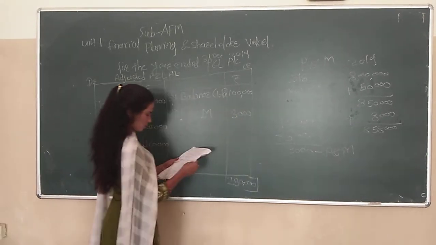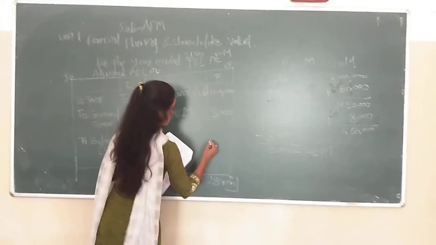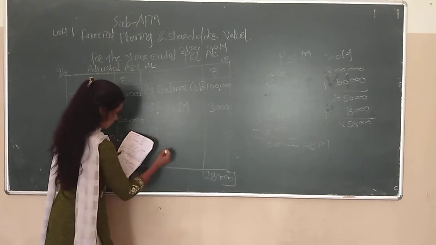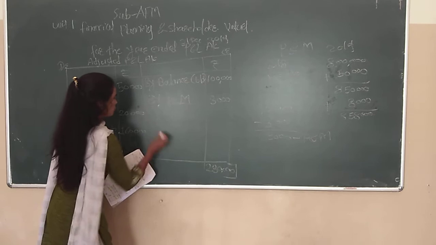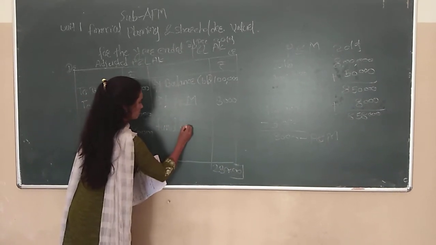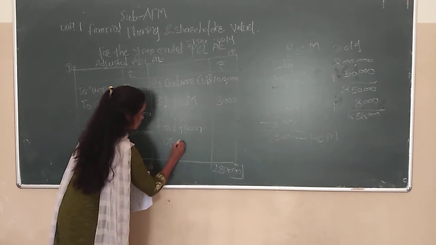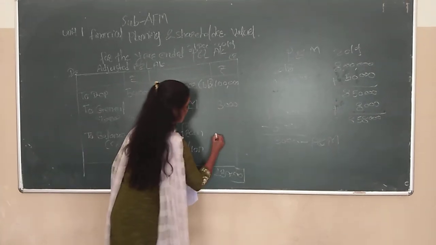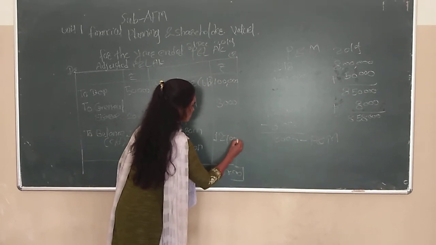30,000 is equal to 1,27,000, by fund from operations. This is the fund from operations, 1,27,000. Okay.